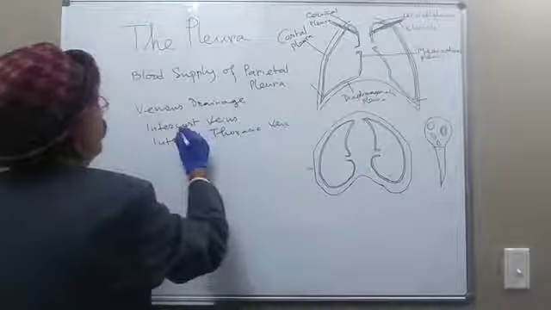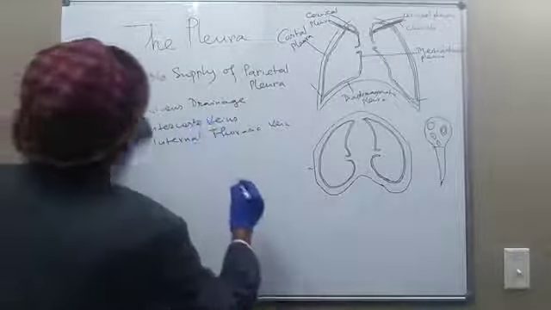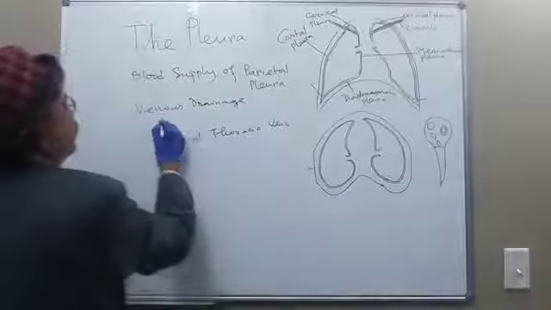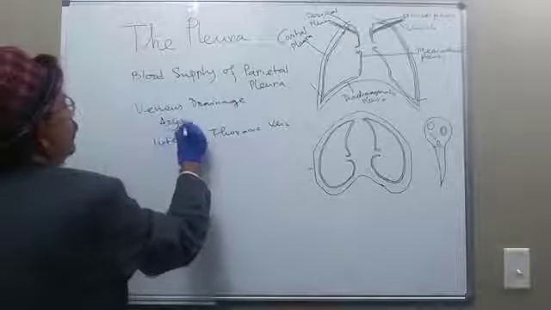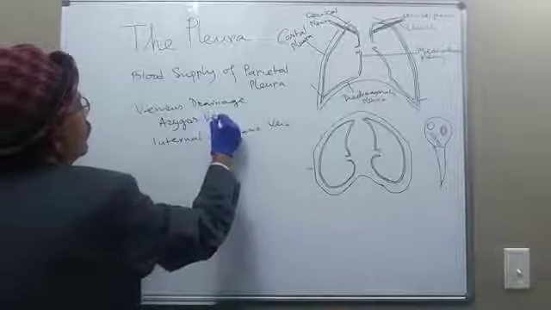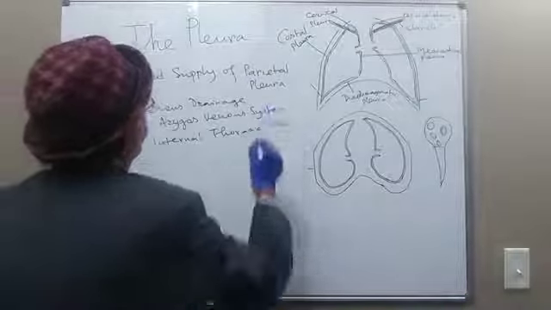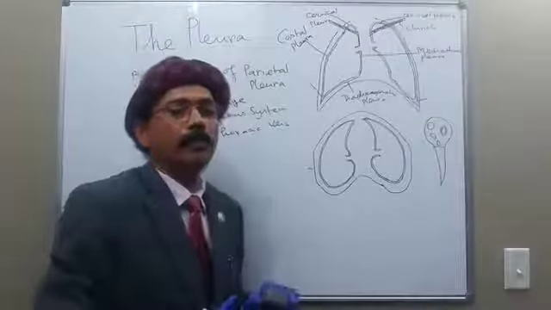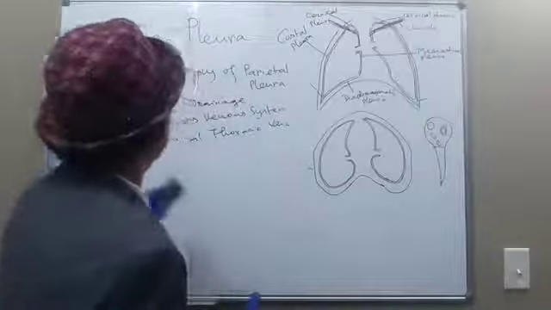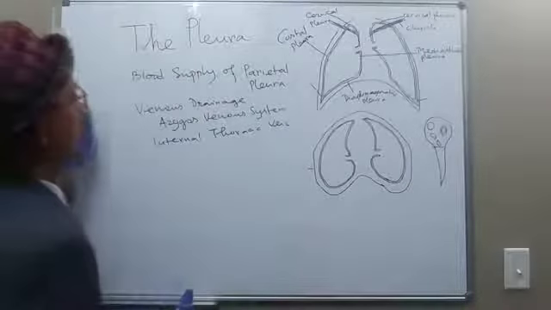We know the intercostal vein ultimately goes to the azygous venous system. We have the azygous, hemiazygous, accessory hemiazygous vein. We got the venous drainage of the parietal pleura.